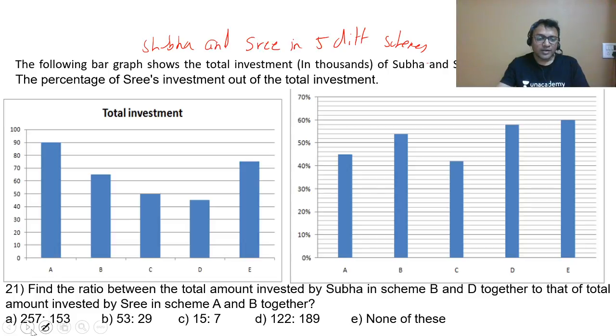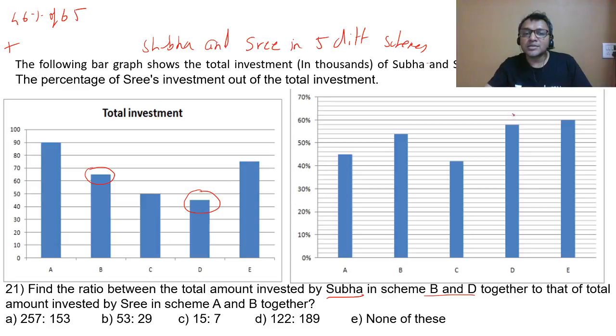Okay, let's solve this. Find the ratio between the total amount invested by Shubha in B and D together. If you look at B, the investment is 65. C's investment is 54, so B's investment is 46% of 65, and D is 45, and C's investment is 58, which is 42% of 45.